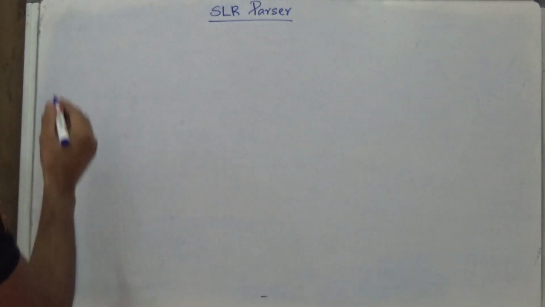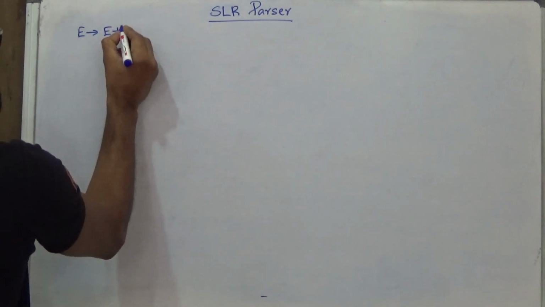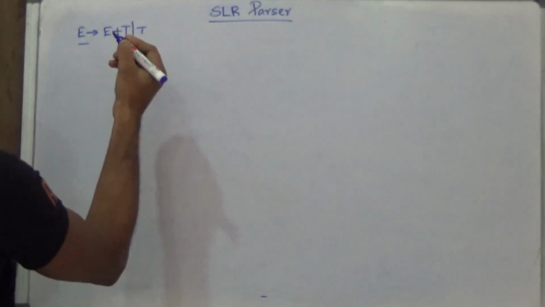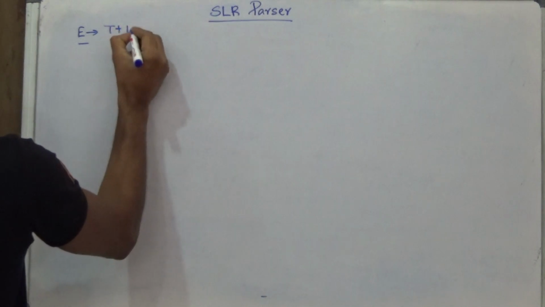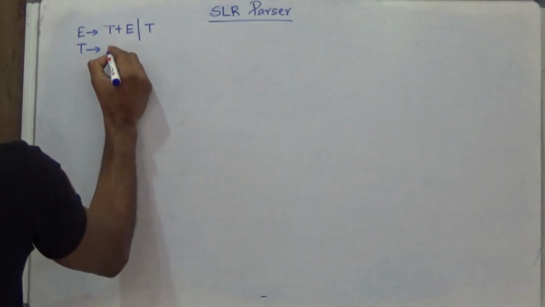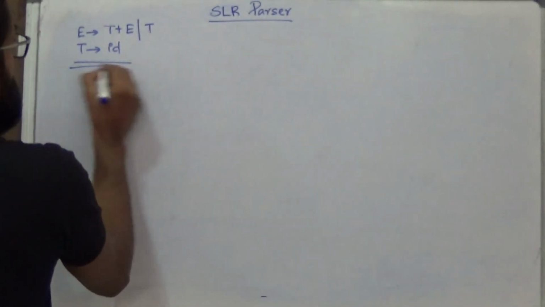Let the grammar be E giving E plus T or T, or you can write E giving T plus E or T, T giving ID. So this is the grammar G.